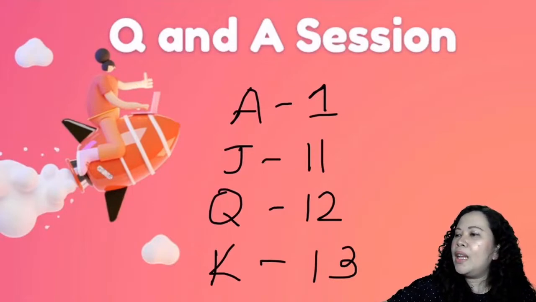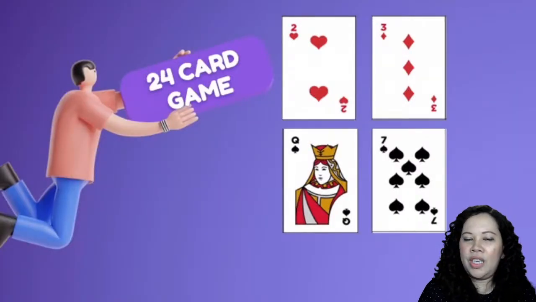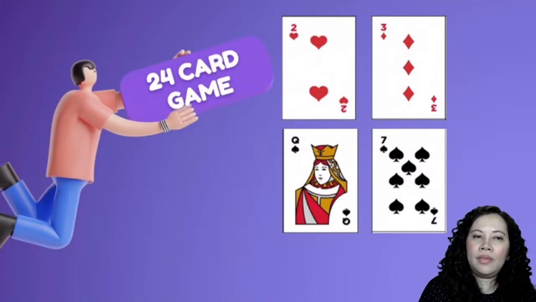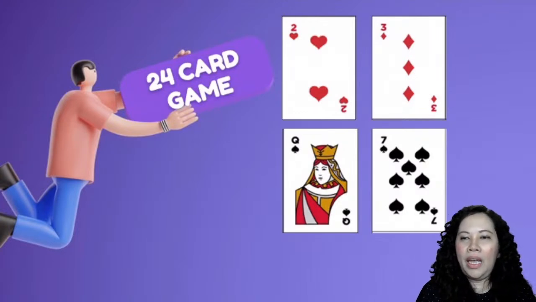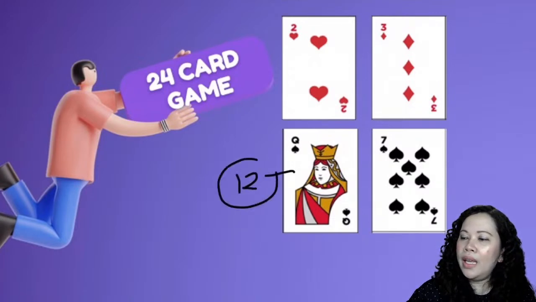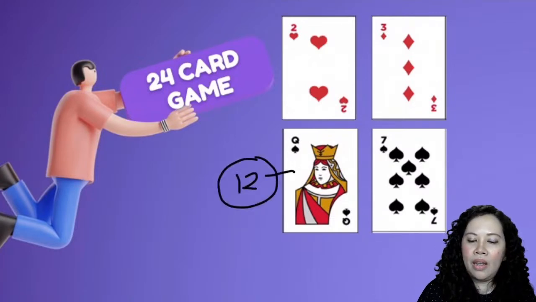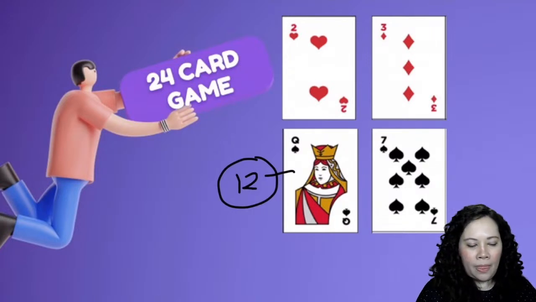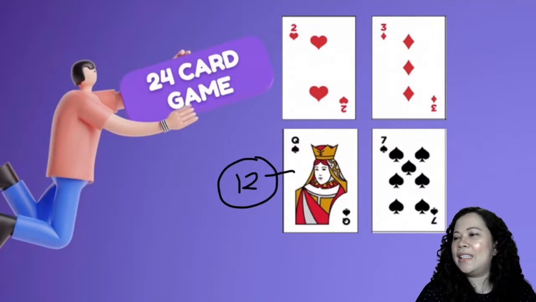Okay, so if we're ready, here is the first question. The first person who can answer will receive 10 pesos worth of load. Okay, so Queen here is 12. Okay, let's play.